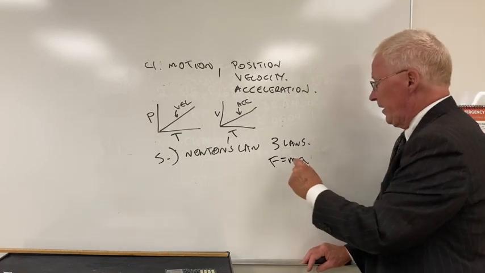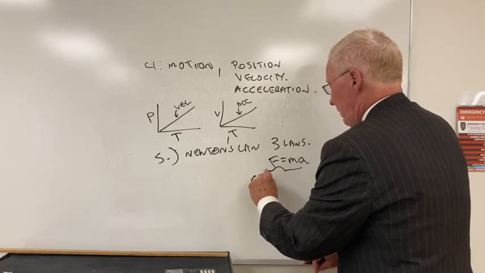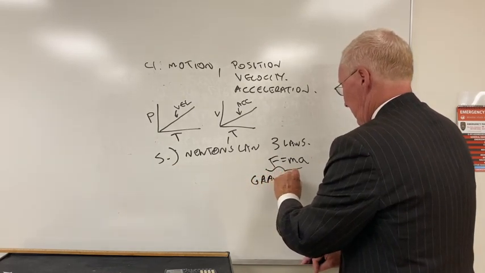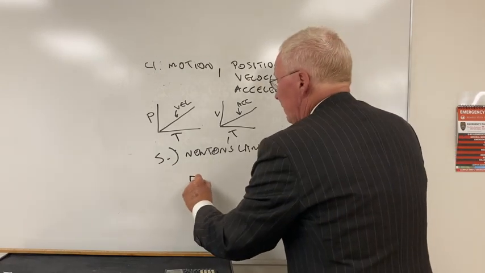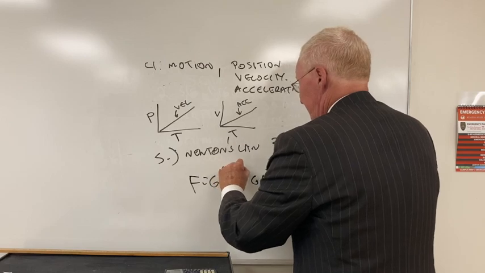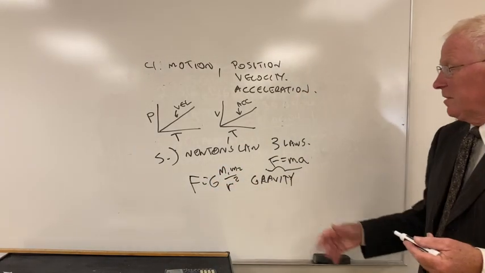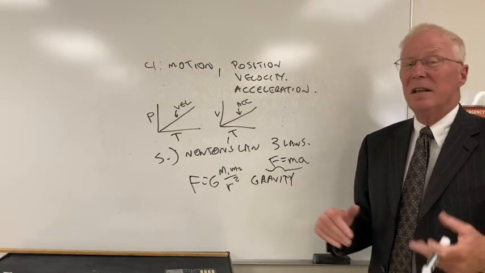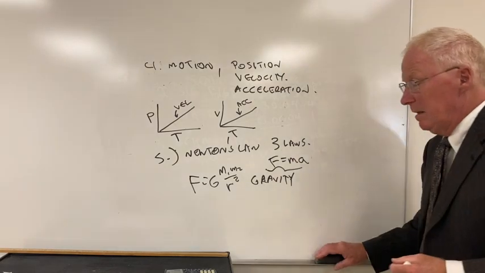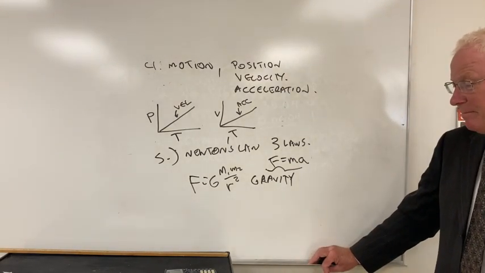And action, reaction, and then the final one is gravity. The force of gravity goes as G M over R squared, so it goes as the square of the distance away. That's covered in the lecture handouts.